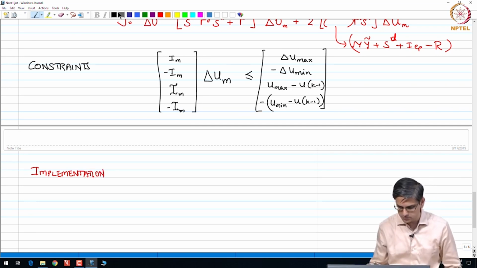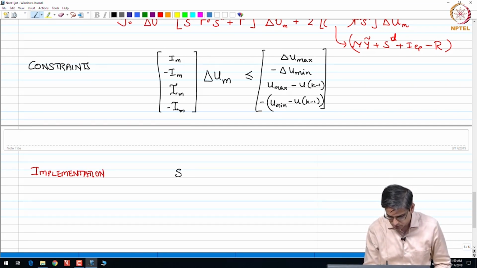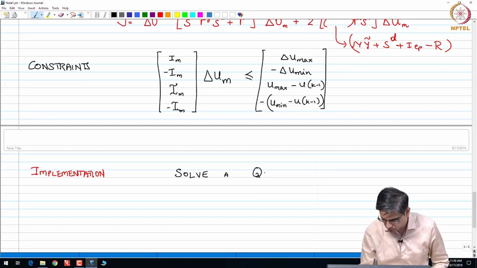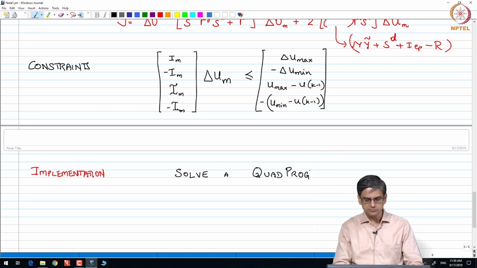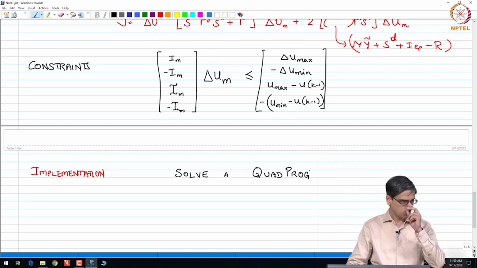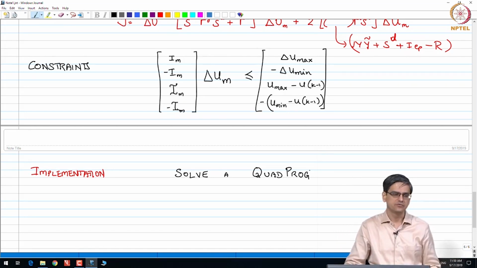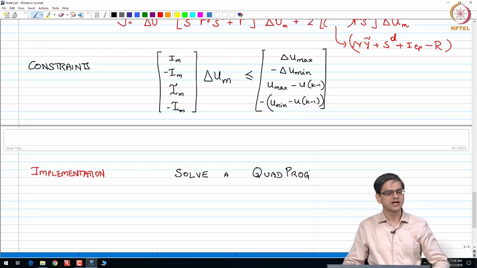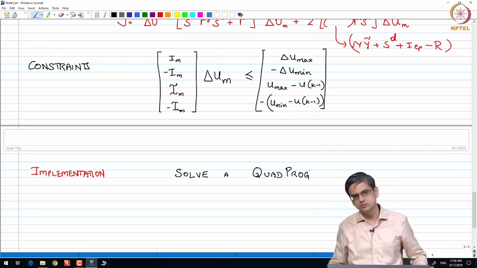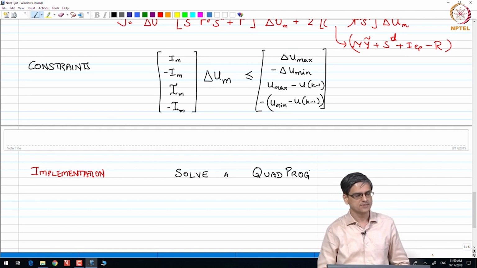Implementation is also common between the two: solve a quadratic programming problem. In MATLAB, the command is quadprog. If you use the MPC toolbox, it uses quadprog itself. If you are writing your own codes, you may want to look at more efficient quadratic programming solvers.